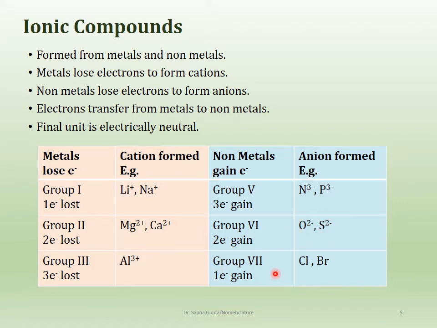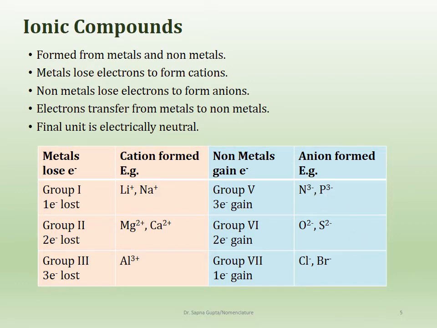Group number 7, which is the halogens, gain only 1 electron and become the chloride, bromide, iodide, or fluoride ion. Okay, so these are the anions formed. The cations retain their name, whereas the anions will change their name to end in IDE, I-D-E.